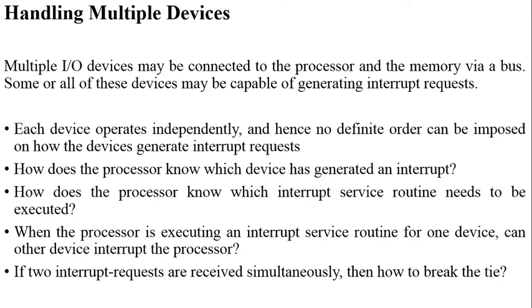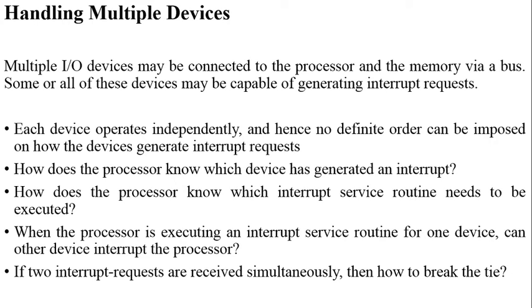How does the processor know which device has generated an interrupt? How does the processor know which interrupt service routine needs to be executed next? When the processor is executing an interrupt service routine for one device, can another device interrupt the processor? If two interrupt requests are received simultaneously, then how do we break the tie between them?